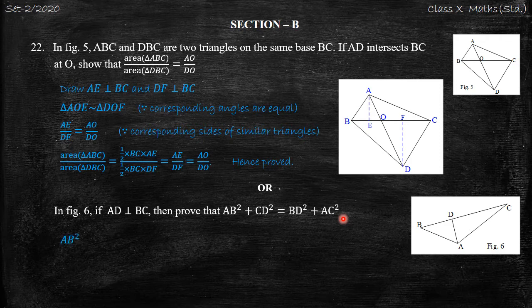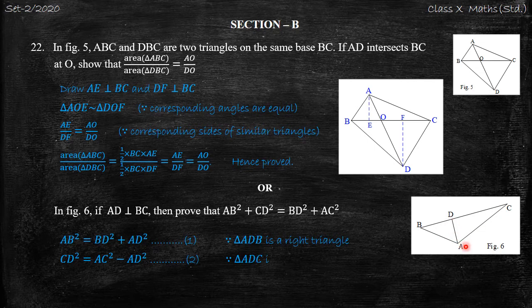So we know that AB square equals BD square plus AD square, the small triangle. Next one is CD square equals AC square minus AD square. These two equations, if you add, the AD square will get cancelled.